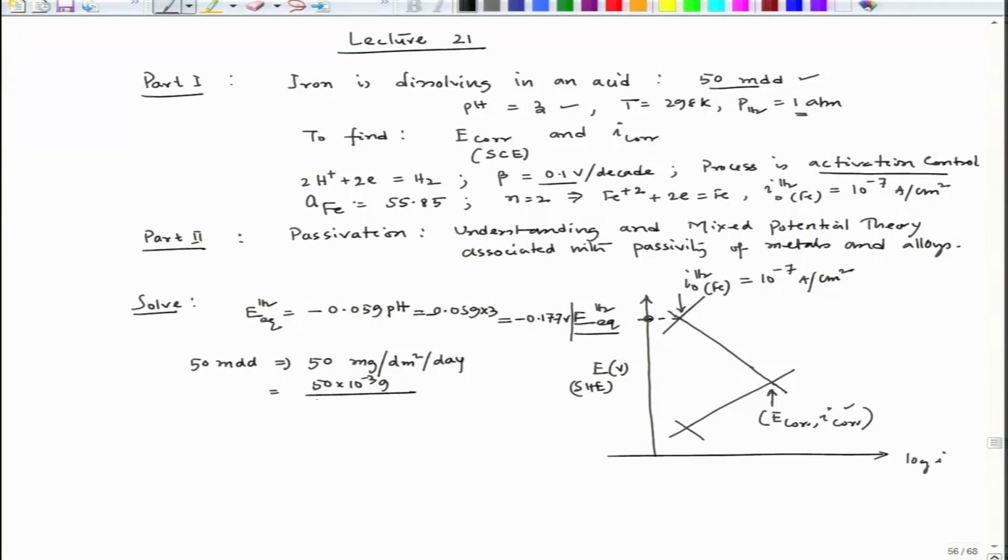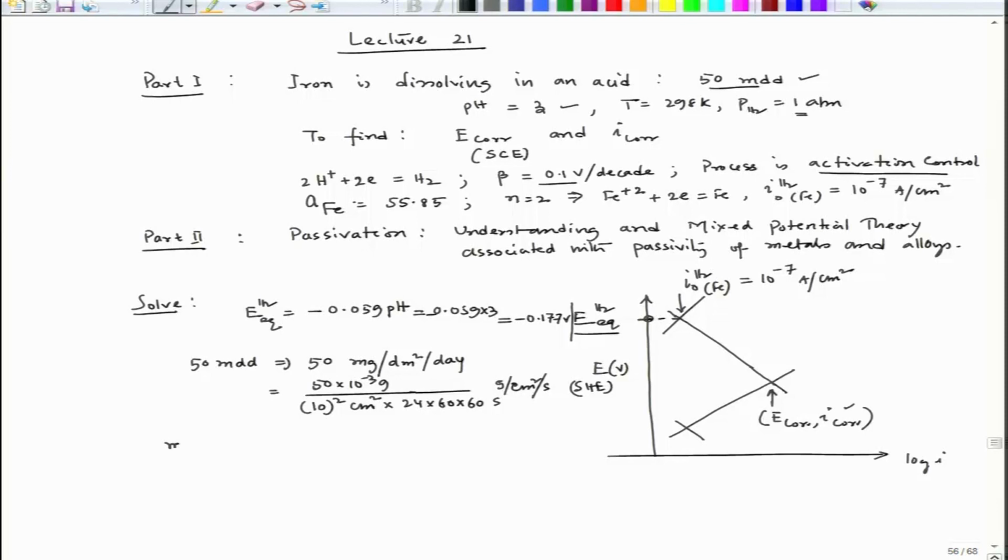So, I can make it 10 to the power 2 square centimeter, and day I can convert to second, 24 hour into 60 minute into 60 second. So, this becomes gram per centimeter square per second.